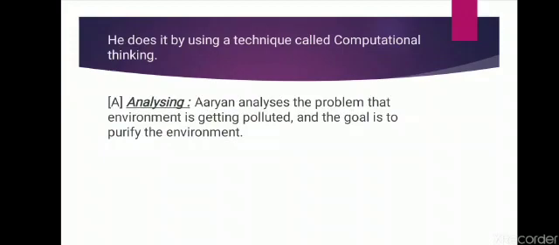Aryan analyzed the problem that when many trees are being cut, the environment is getting polluted, so he needs to plant more seedlings with the help of more persons around his neighborhood to make a green environment. Now here the problem is the environment is getting polluted and the goal is to purify the environment.